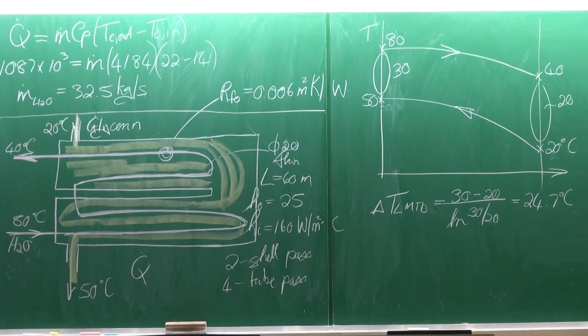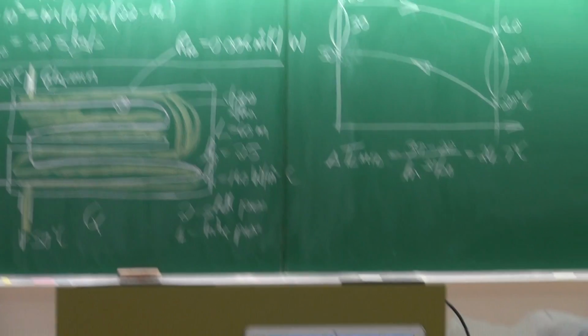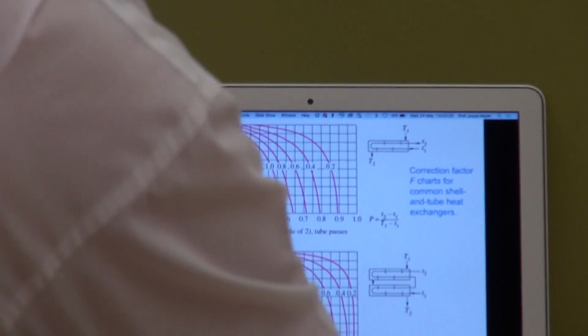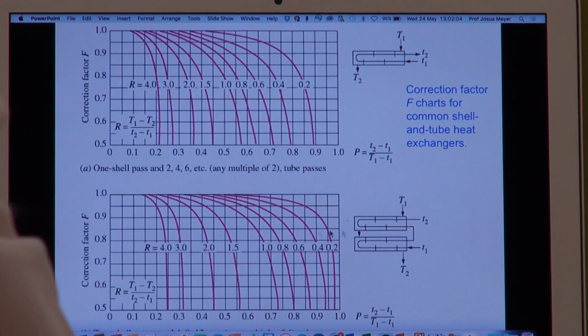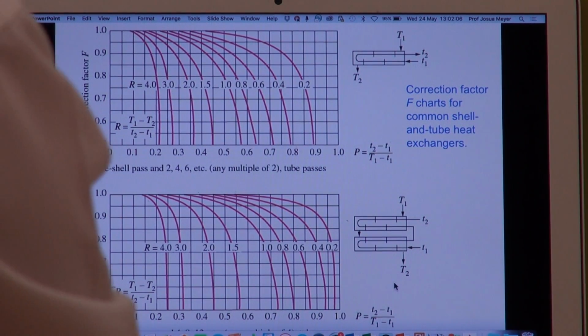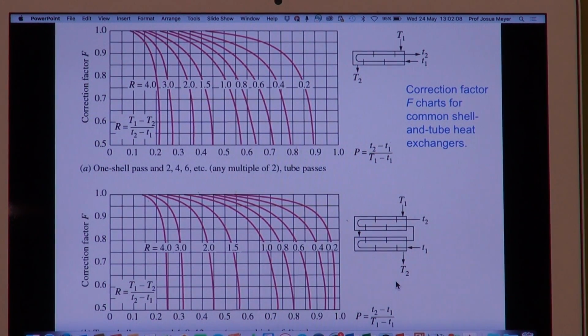Okay. The other thing that we have to do, excuse me, when we've got heat exchangers which are not parallel flow or counterflow, is we need to get the correction factor F. Getting the correction factor F is in figure 11.8b in your textbook, and it is actually this one here below. Do you see it? 2 shell pass and 4 tube pass heat exchanger.